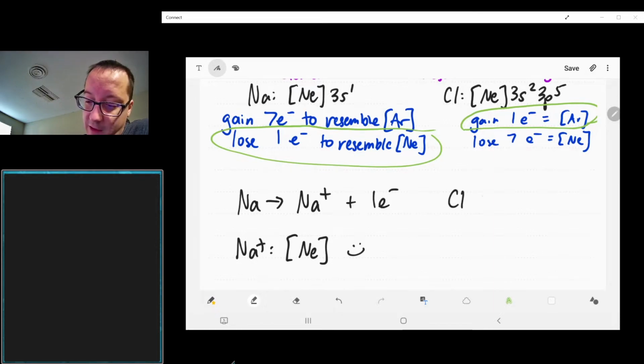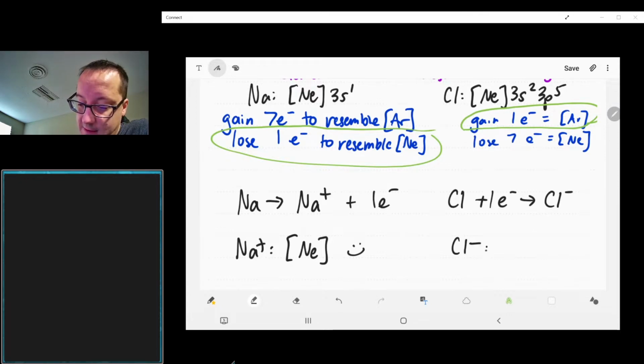And then when we have chlorine gaining the electron, that's going to make Cl minus. Cl minus has the same electron configuration as argon. Chlorine is happy there too. So nonmetals will typically be forming negative ions by gaining electrons. And we're going to have the opposite case for metals. Well, they will be becoming positive.